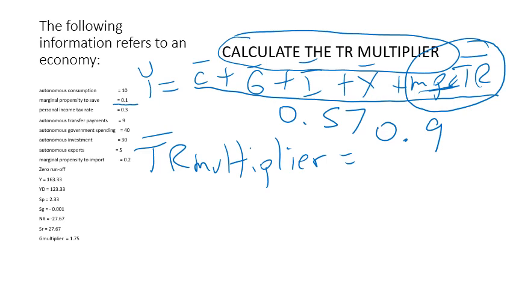So if MPS is 0.1, then MPC is 0.9, divided by the denominator, 0.57. So what will the TR multiplier be? 0.9 divided by 0.57. It would be 1.58.